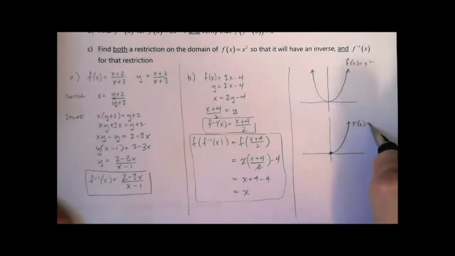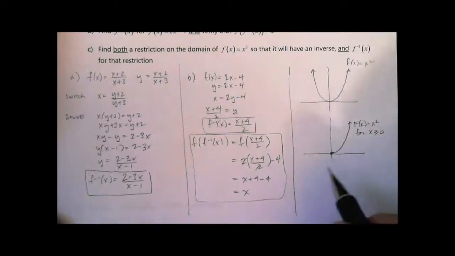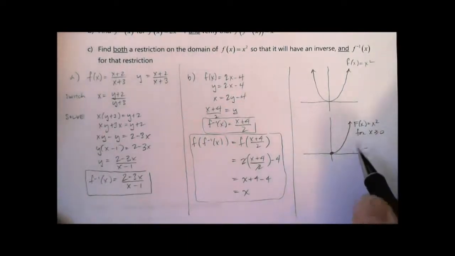Maybe we can call that f of x is x squared for x greater than or equal to 0. Just capital F. And we can see that this graph passes the horizontal line test. And the inverse of it, in this case, would be the square root of x.